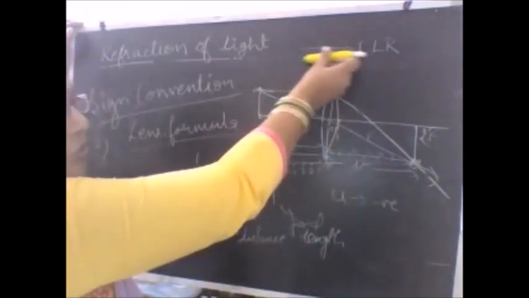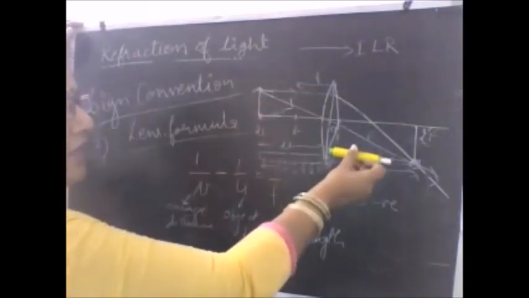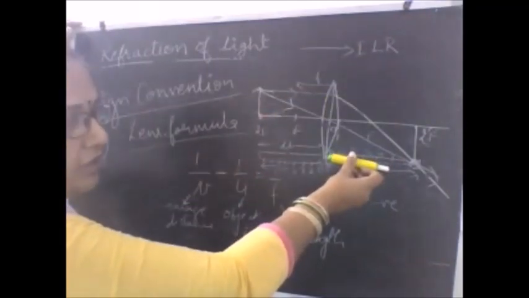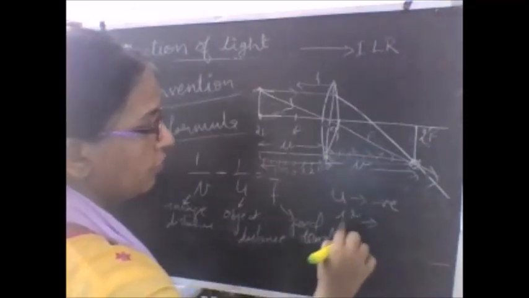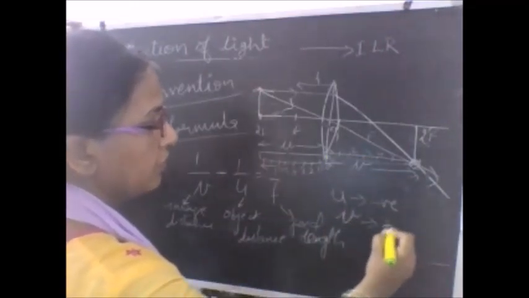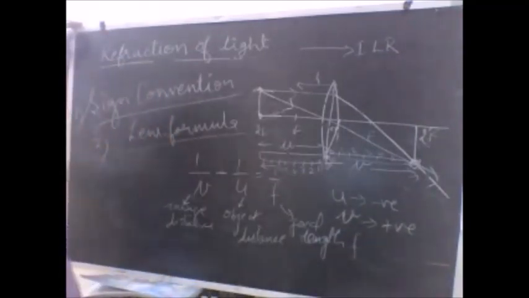The incident light ray is also from left to right, so the direction of the incident light ray and the direction in which the measurement is done are both the same. So I'll say that v is positive. Let us see the convention for the focal length.